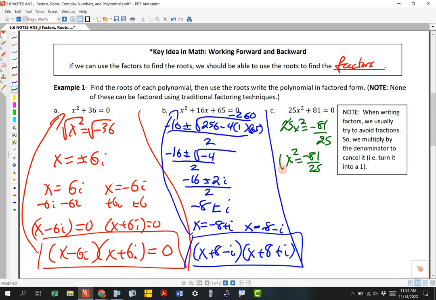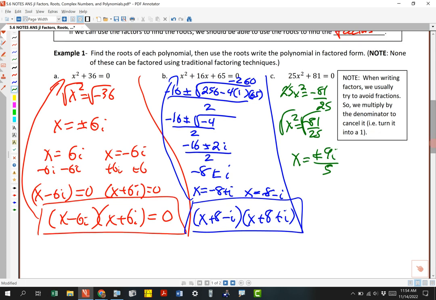The cool part about when we take the square root is I get x equals plus or minus 9i on the top, and it would be a 5 on the bottom. So watch. If I write this as x equals 9i over 5, and this one x equals negative 9i over 5.